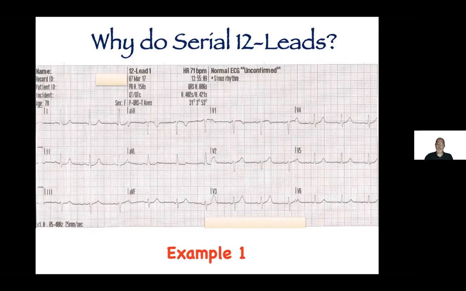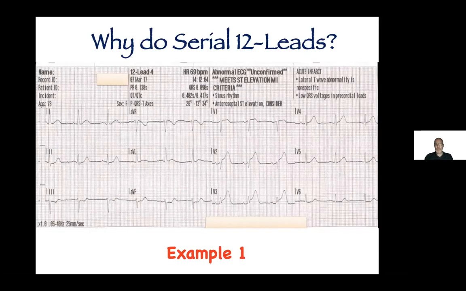So she went from this to this in 17 minutes. Now you can see very obvious ST elevations in V1, V2, V3, hyperacute T waves in V1, V2, V3, V4, even extending a little bit out into V5 with some reciprocal ST depression down there in 3 and AVF.